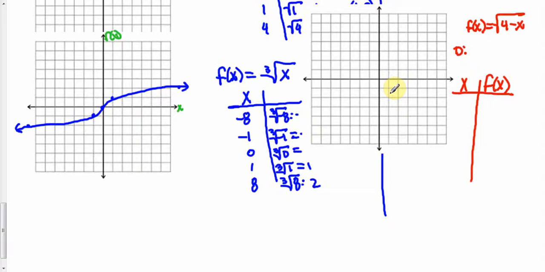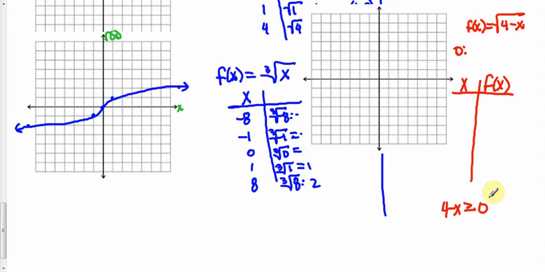Now, the first thing you have to do is decide what numbers you can put in for x, because this is a square root. If you're taking the square root or an even root, you take the radicand and say the stuff underneath the radical must be greater than or equal to 0.